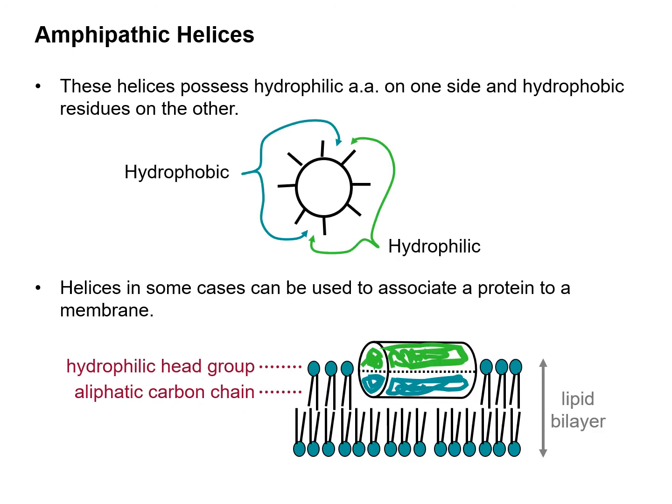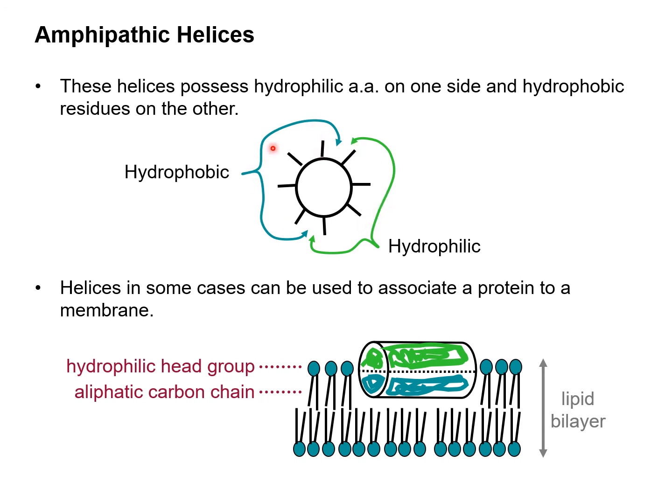Alpha helices can also be amphipathic, which means that they have hydrophilicity as well as hydrophobicity at the same time. These helices possess hydrophilic residues on one side and hydrophobic residues on the other side. So depending on how this alpha helix is facing, it can be either hydrophilic or hydrophobic, and its interaction will be different.